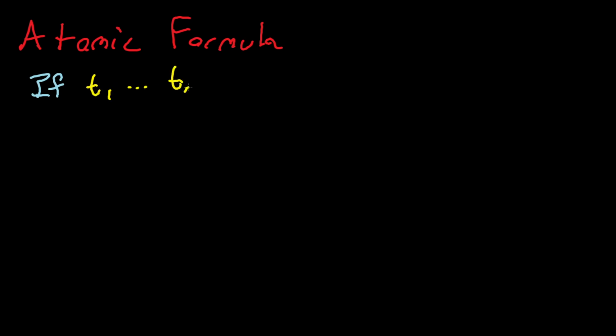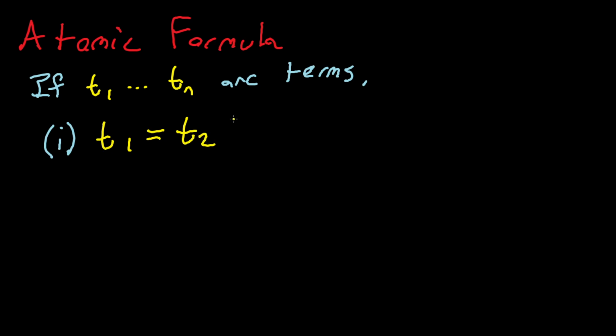If t1 through tn are terms, then t1 equals t2 is an atomic formula. So an atomic formula is what you're going to get immediately from applying a relation.